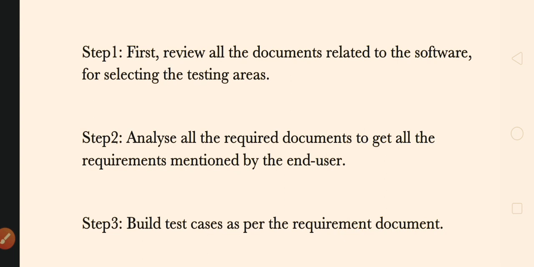If any application or software is developed, the documents regarding its details and information must be available. So the first step is to go through all the documents. These documents will give us clarity about the application, and that will help us select the test areas.